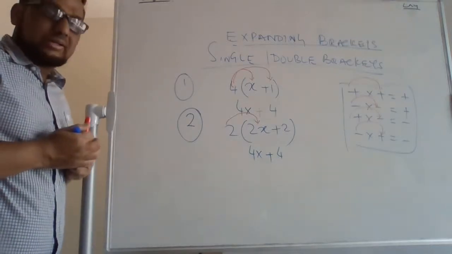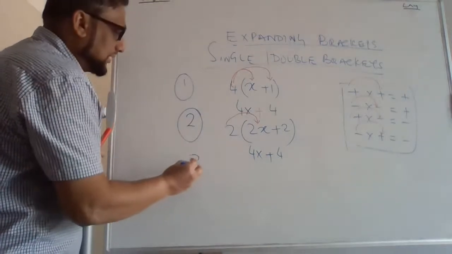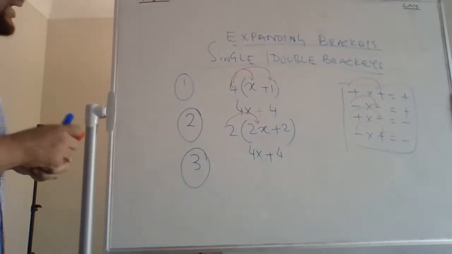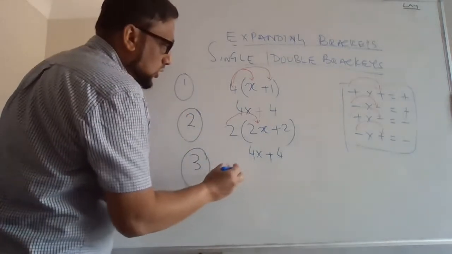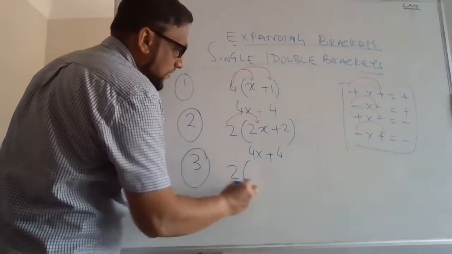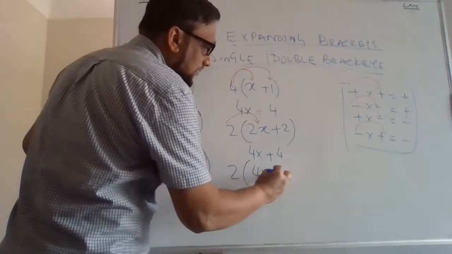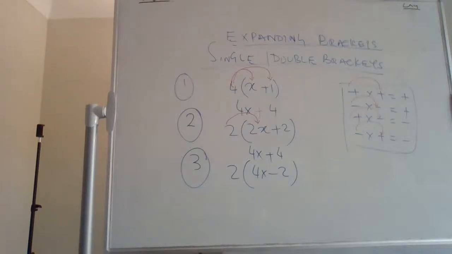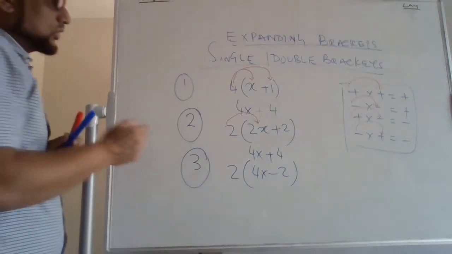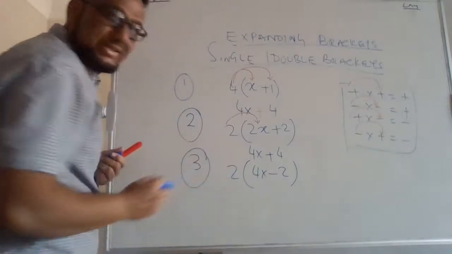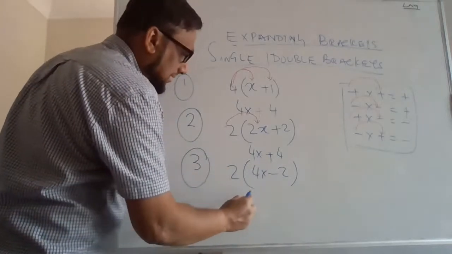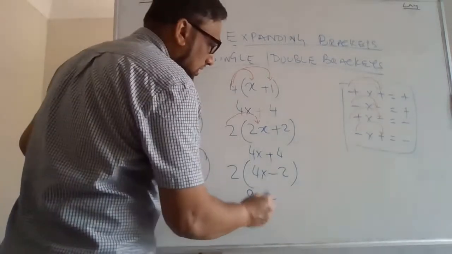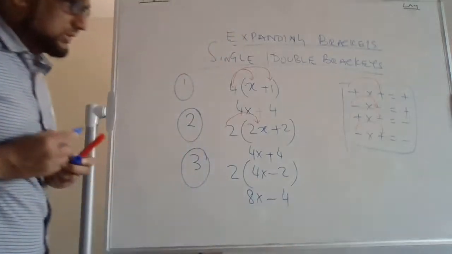And now move to the third example. On the third example, if I say 2 times 4x minus 2, how can we solve this one? 2 times 4 is 8x, and 2 times 2 is 4.